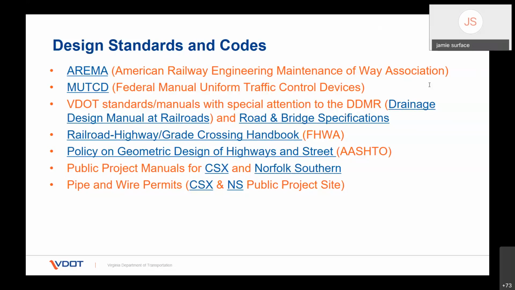The other one that we didn't mention here, and this really comes in handy with sidewalk projects and other types of urban projects as well, is the Railroad Highway Grade Crossing Handbook. That's an FHWA publication, and that will give you the FHWA standards, and it will dovetail with the railroad standards as well.